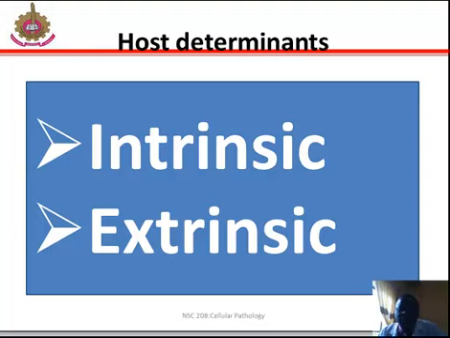It could be soil, or other physical structures that are not part of the individual, but are external to that individual. Intrinsic ones are those factors that are inherent in that individual, which may involve his immunity, his sex, or his age.